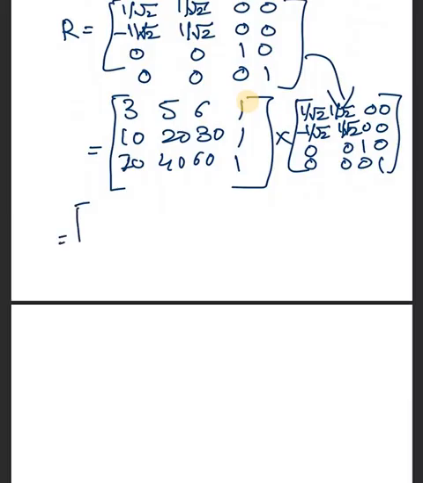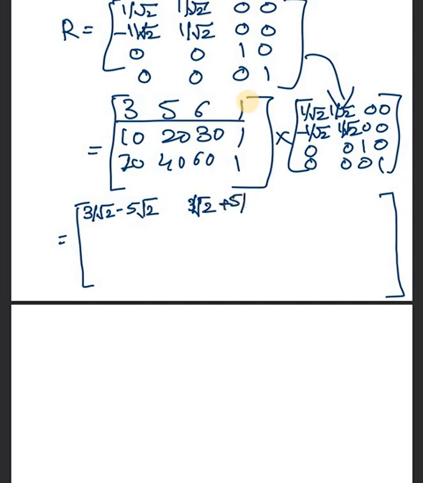Okay. See the multiplication happening. 3 into 1 by root 2 is 3 by root 2. 5 into minus 1 by root 2 is minus 5 by root 2. So 3 by root 2 minus 5 by root 2. Now first row into the second column. So 3 by root 2 plus 5 by root 2 plus 6 into 0 will remain 0, 1 into 0 will remain 0.